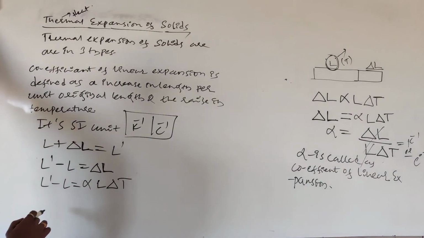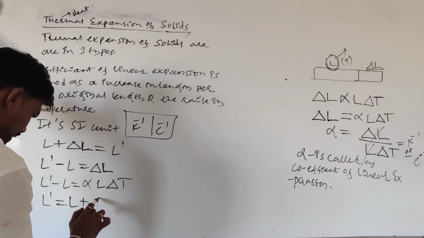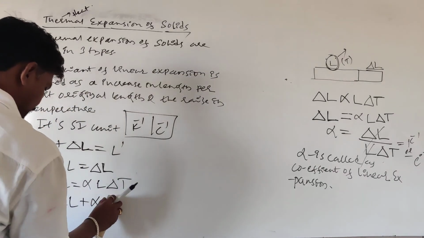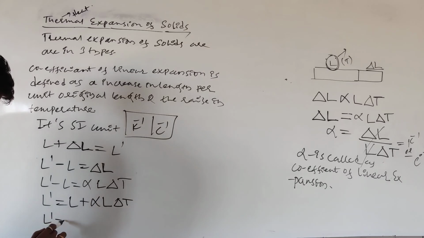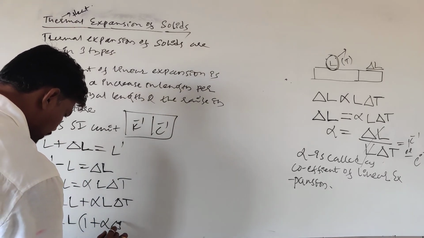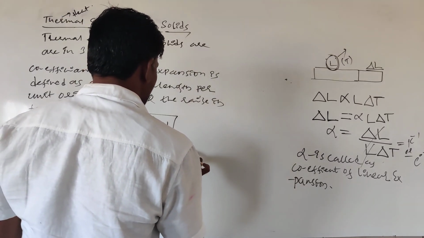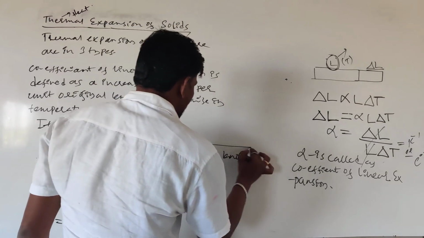So now here L dash is equal to this minus L came here plus L. So L plus alpha L del T. So once again L dash is equal to L times 1 plus alpha del T. So here L dash is the new length.